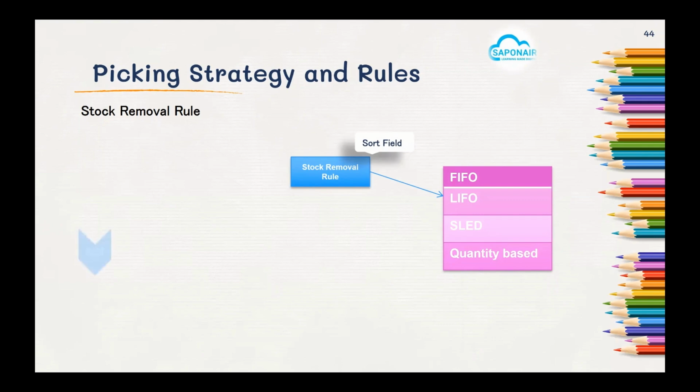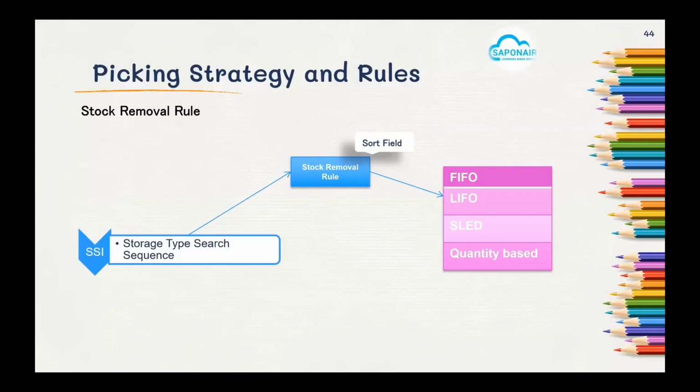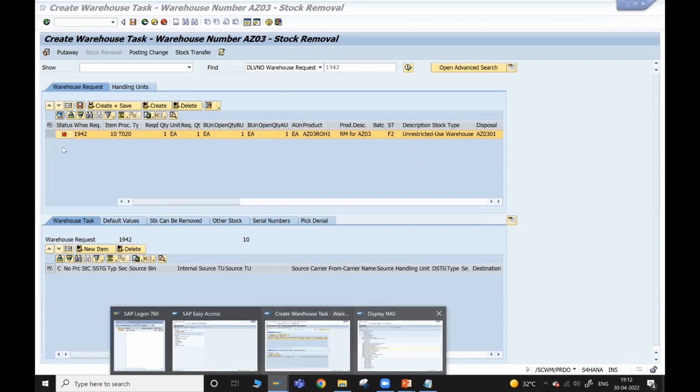Basically, they are assigned to the storage type search sequence. So we will check in the system now. The first criterion, whenever you want your strategy to work, is to determine the search sequence. So how are you going to do that? We will see now.